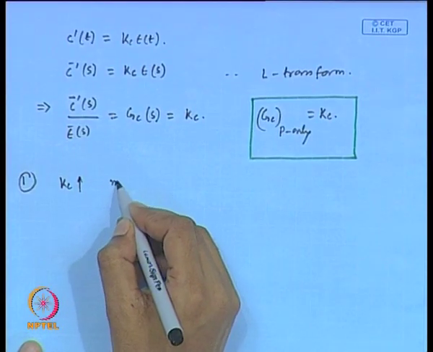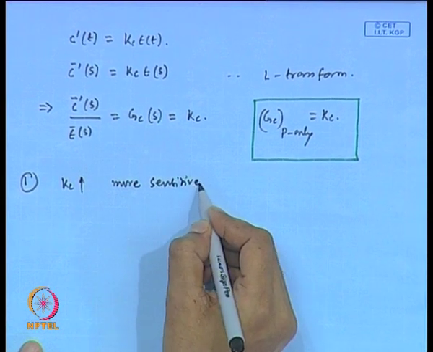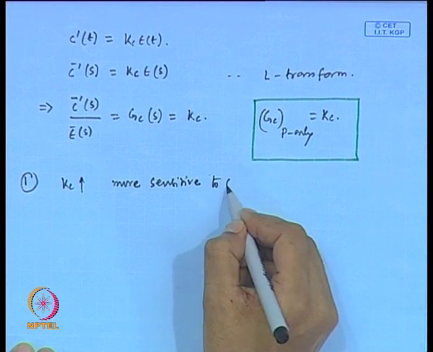With the increase of Kc, the controller becomes more sensitive to error epsilon.